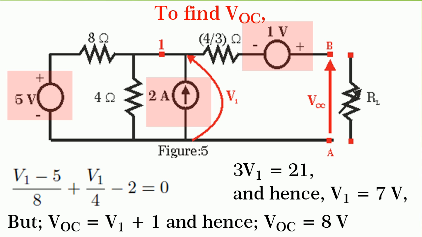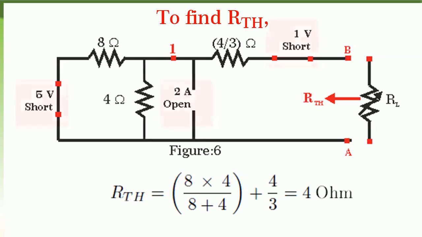Since all sources are independent sources, let us use procedure 1 to find R Thevenin. By making all sources 0 as shown in figure, we find that 8 ohm and 4 ohm are in parallel and this parallel combination is in series with 4 by 3 ohm.